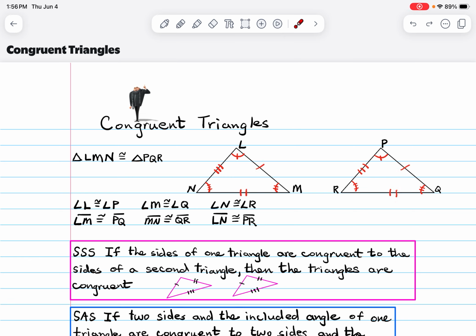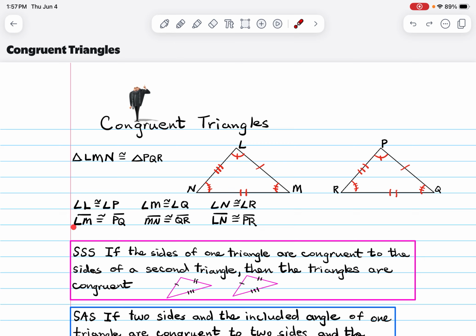Now, notice how I named these triangles. I have LMN and PQR. Notice angle L corresponds to angle P. That's the first letter. M corresponds to Q. And N corresponds to R. See? N and R. And then the segments.